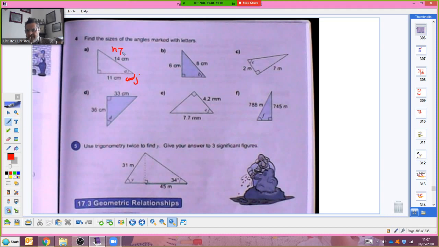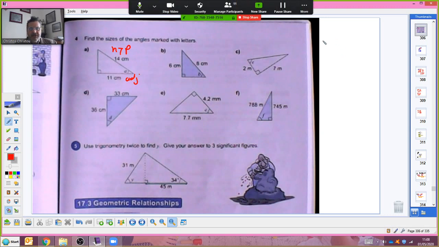That's a hype. Very good. So, adjacent and hypotenuse linked with that angle in that position is sine, cos, tan. Which one? Cos. Yeah, so here it is.